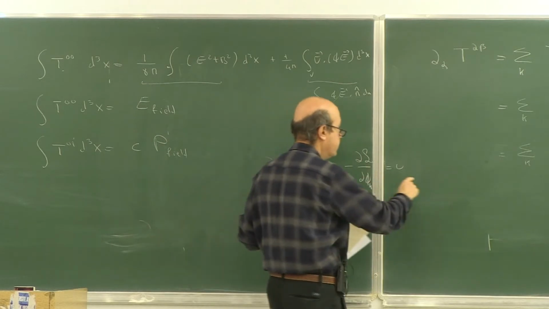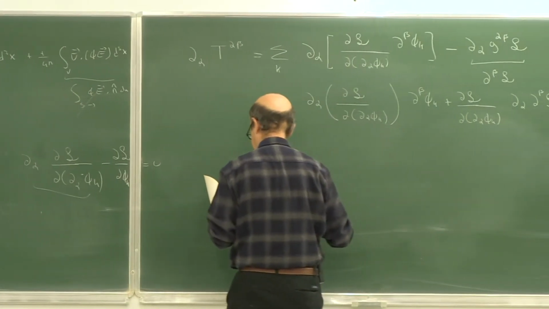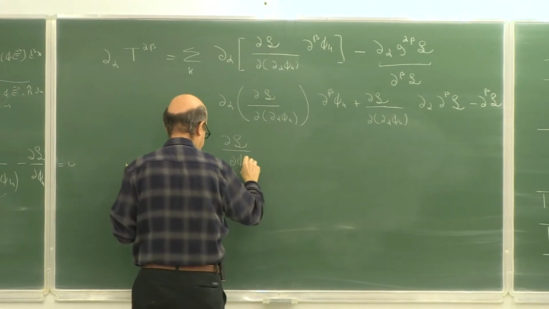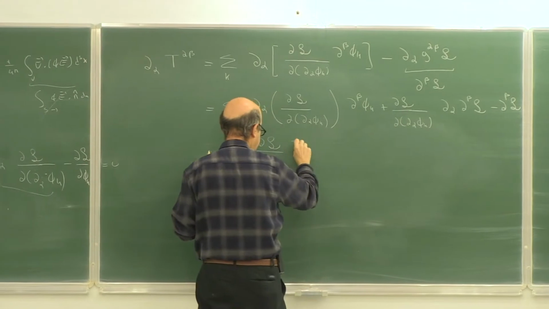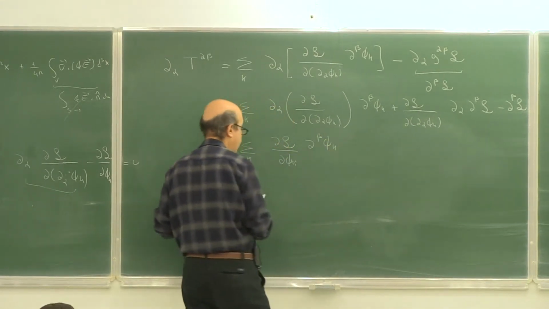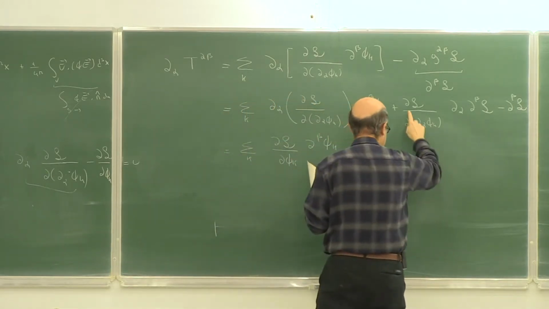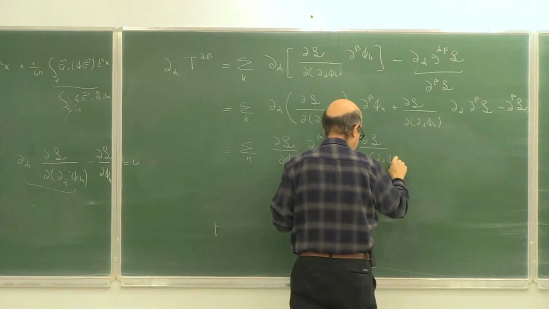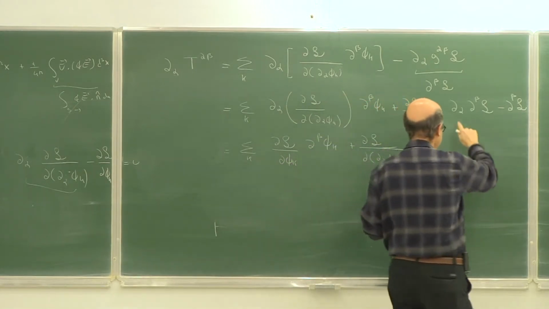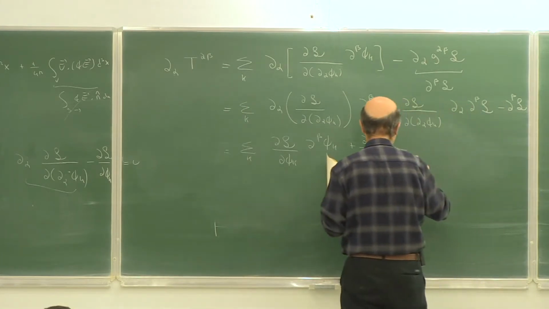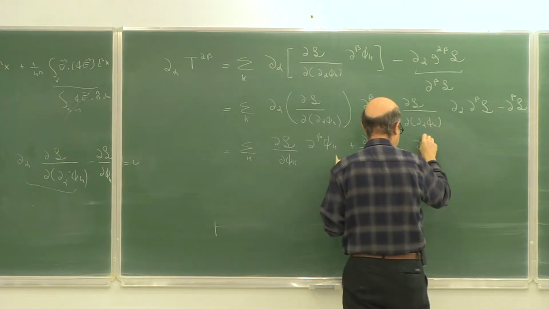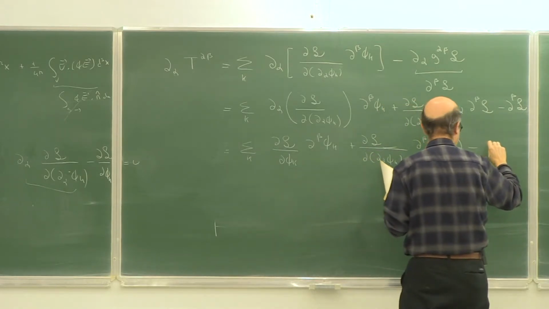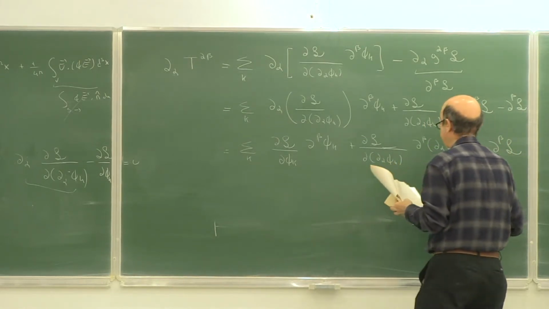So basically this term is nothing but, from the earlier Lagrange equations, del Lagrangian density over del phi k, and next to it multiplied by del beta of phi k, and plus the derivative of the Lagrangian density with respect to the derivatives of the fields, and you have del alpha del beta, you can switch the order and write this as del beta del alpha of phi k, minus del beta of Lagrangian density.